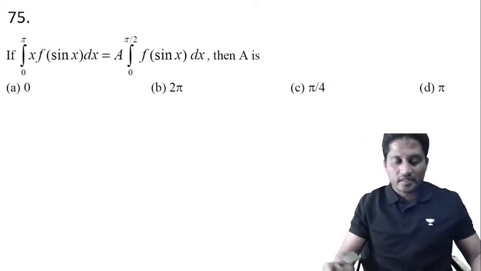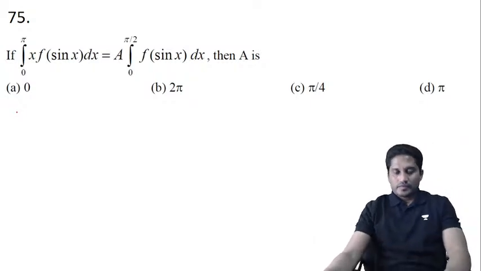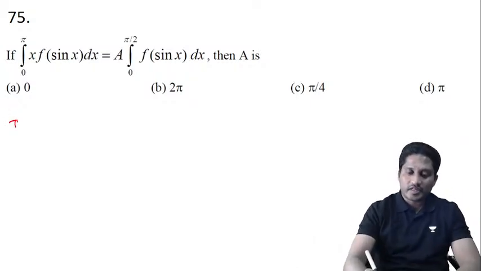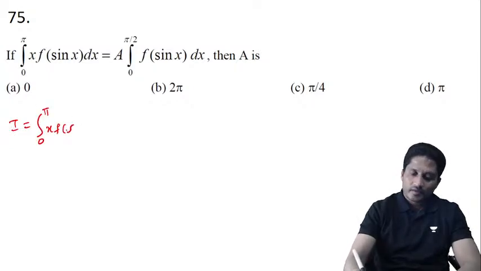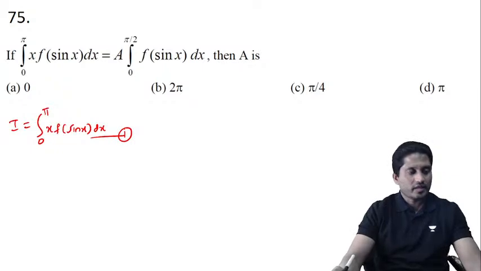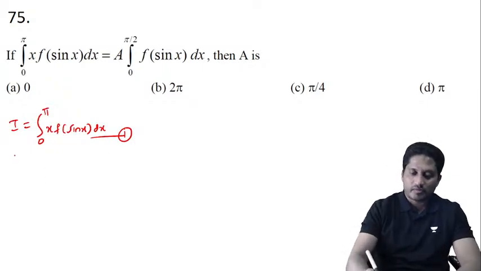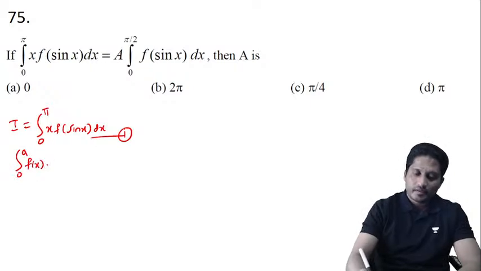Right, question number 75. I'll take this as I. I is equal to integration of 0 to pi of x times f of sin x dx. You call this equation 1. Now I'm going to use the property: integration 0 to a of f of x dx is equal to integration 0 to a of f of a minus x dx.